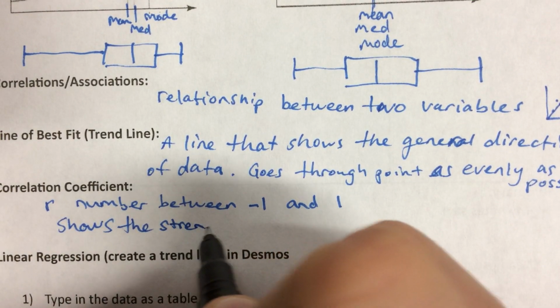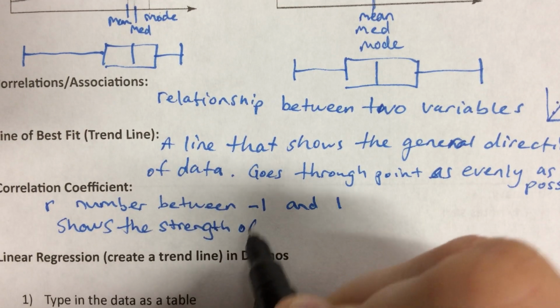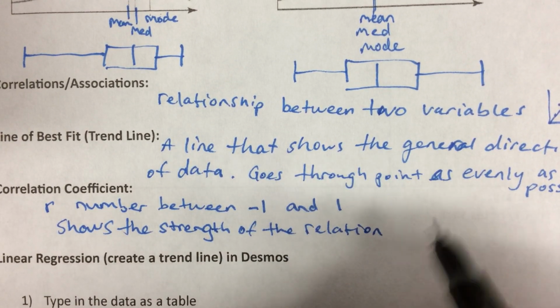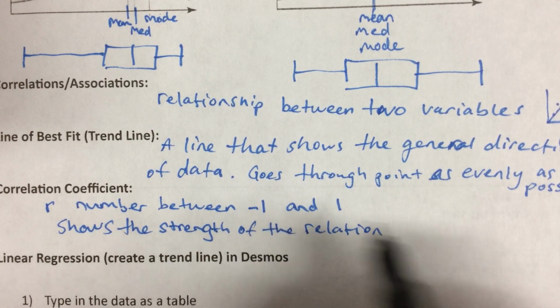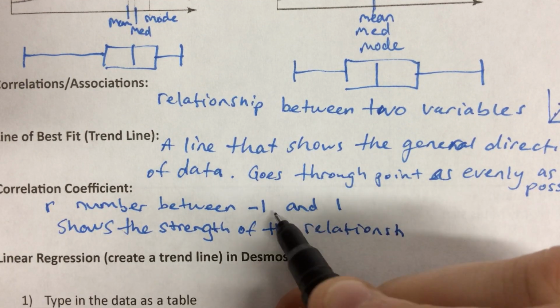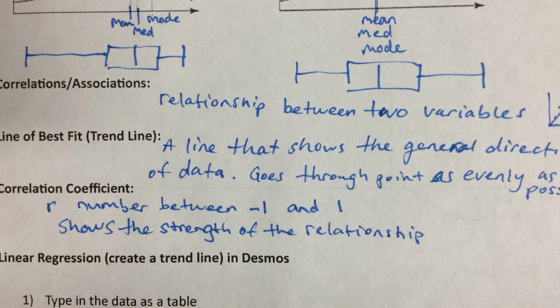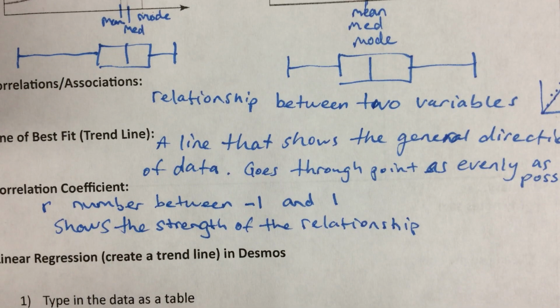So this number shows the strength of the relationship. The closer your number is to -1 or +1, the more likely that those two things are related.